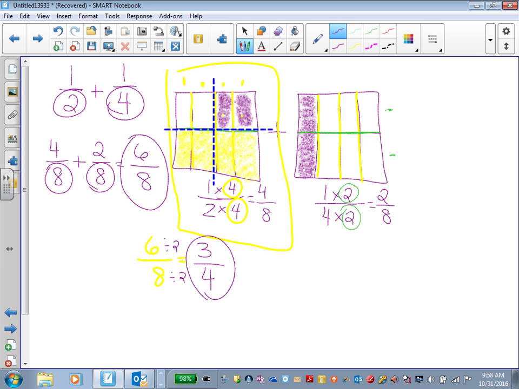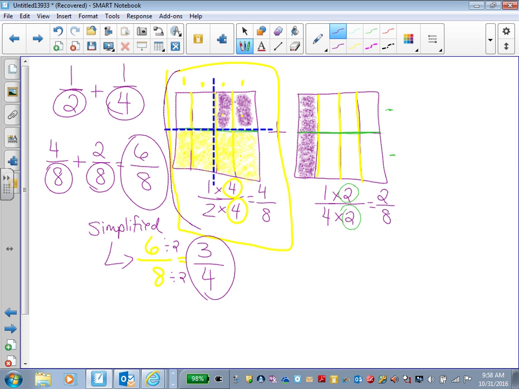Make sure you have every component written down. How I simplified it. How we showed our model with our adding.